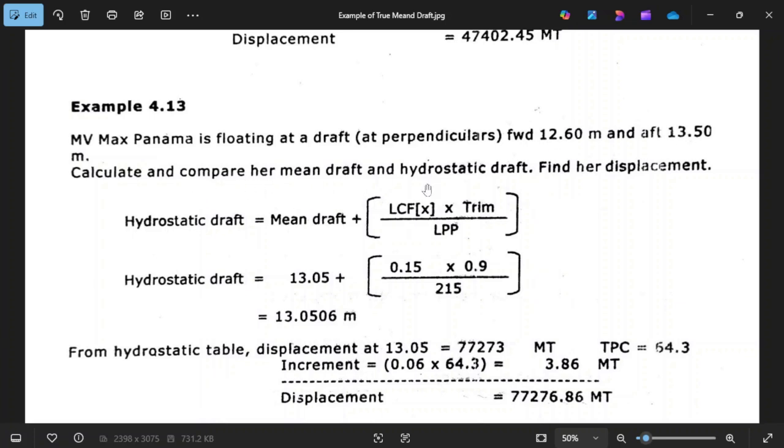Calculate and compare her mean draft and hydrostatic draft. Find her displacement. So the same formula. Then the mean draft is 13.05 plus, this is the LCF, this is the trim and LPP. So what is the mean draft here? 12.6 forward, 13.5 aft. So I put here.